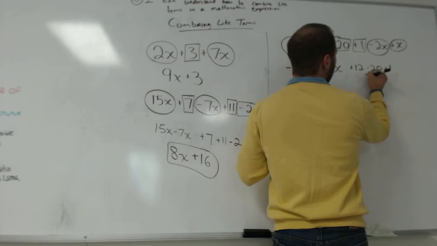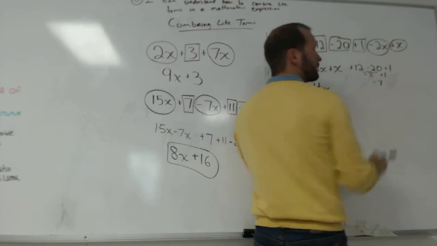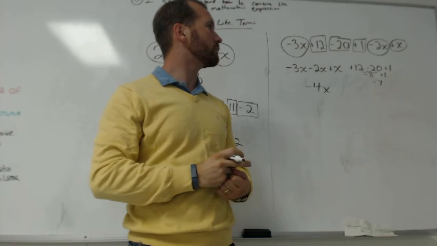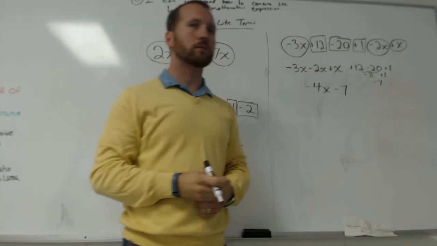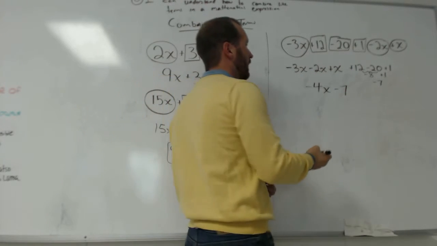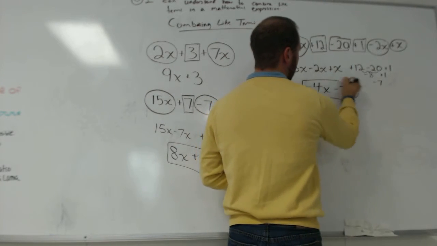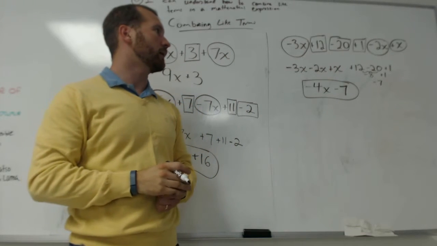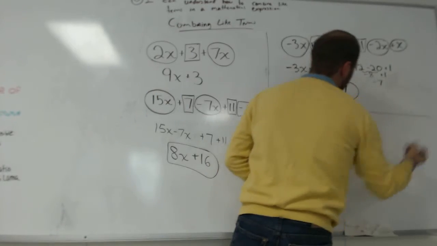So I have negative 8 here, plus 1 is negative 7. Negative 4x minus 7 is my final answer. So I combined all my constant terms and I combined all my x terms.